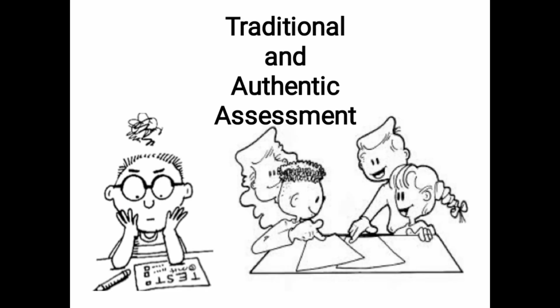To get started, it is important to review your prior knowledge on the difference between traditional and authentic assessment, and how and when to choose a particular assessment tool that is most appropriate in measuring the learning or instructional objectives and intended learning outcomes of your subject.